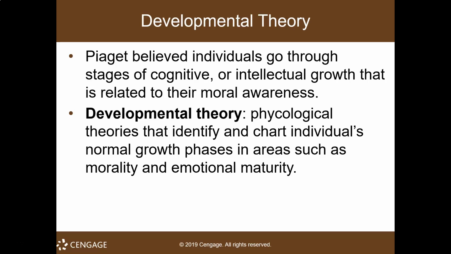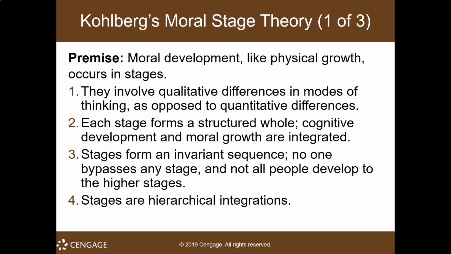Now, by definition, developmental theory is psychological theories that identify and chart a person's normal growth phases in areas such as morality and emotional maturity. Okay, so that's the definition.